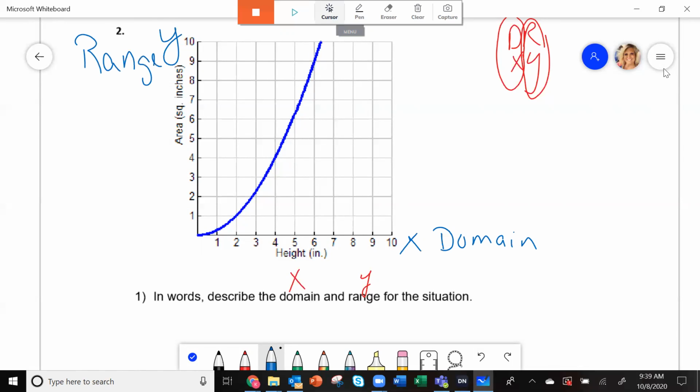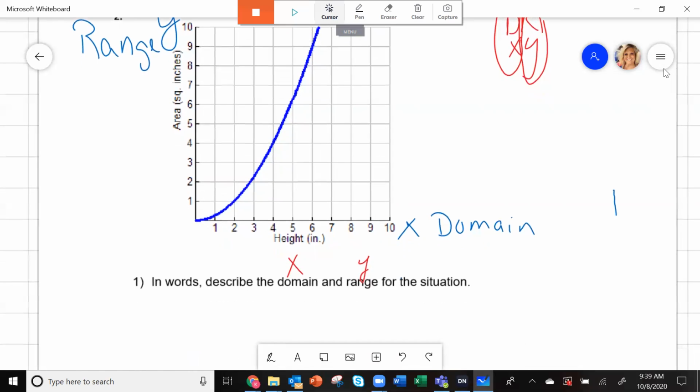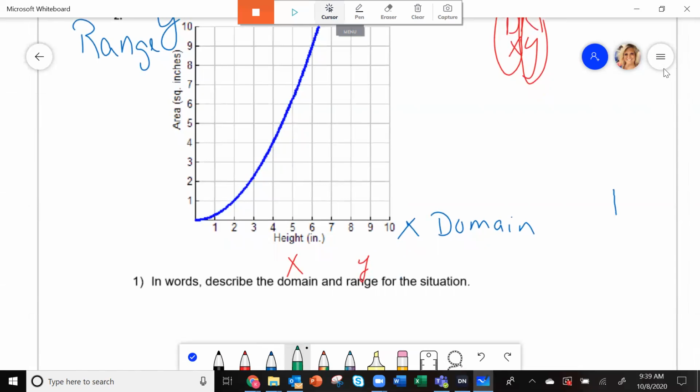So when it asks you to describe the domain and range in words, I am writing that my domain is height in inches. How do I know that?